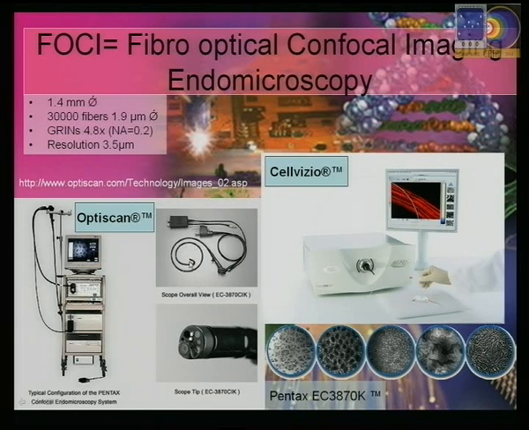And at the top, at the end, there is an optical lens. In general, only 4.8 plus, and with a low numerical aperture, because they are just detecting low detail, like in the microscope. And the resolution achieved is around 3.5 microns.